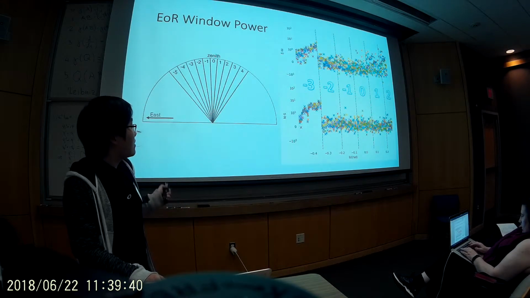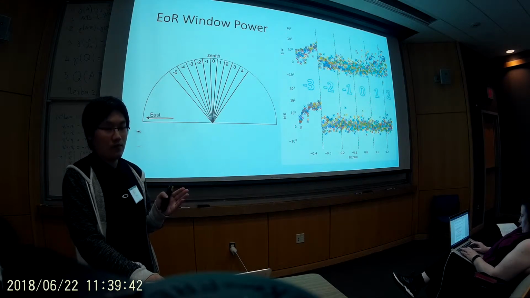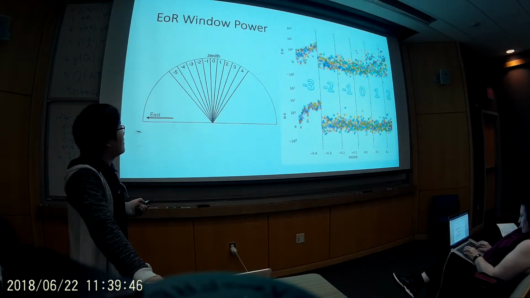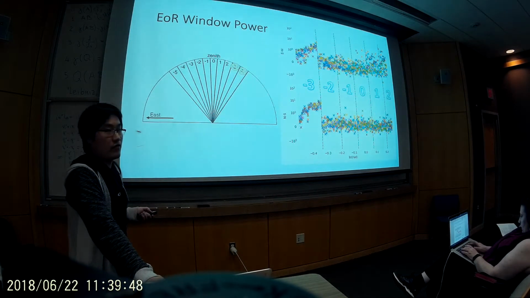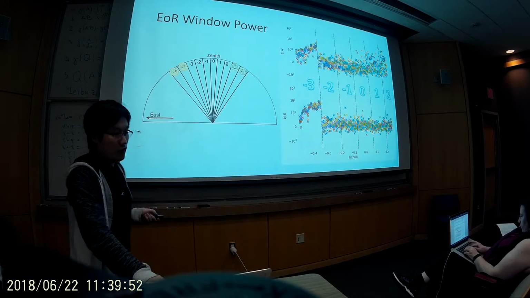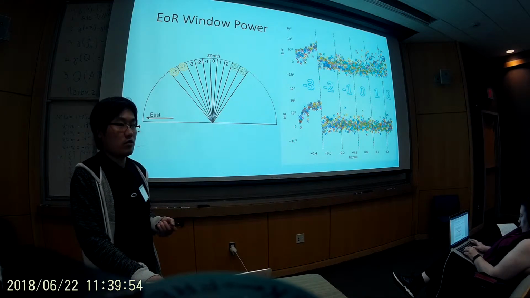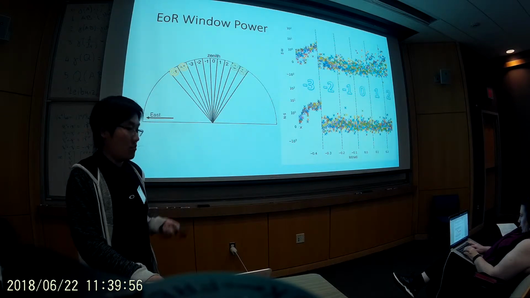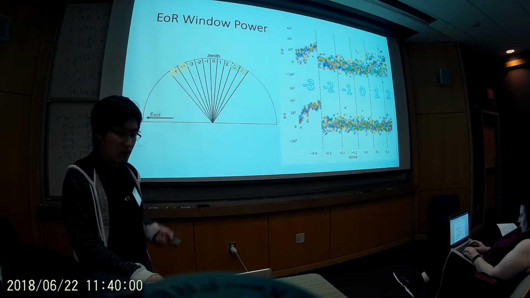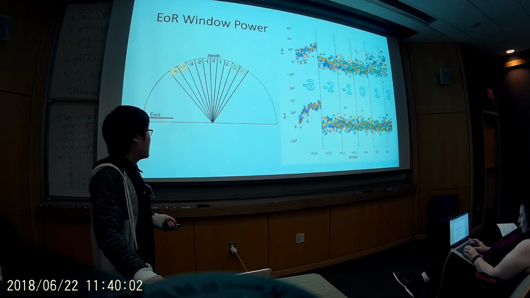The MWA shifts the pointing every 30 minutes, so there are 10 pointings here. In this data set, we don't have pointings -5 and -4, because our calibration just doesn't converge. The bright Milky Way gets into the side lobe and becomes dominant, so we can't calibrate that.